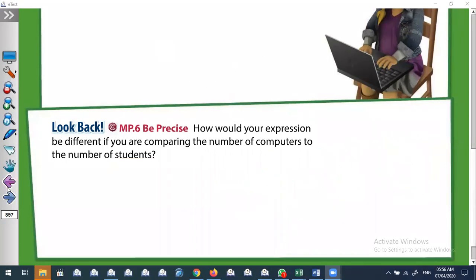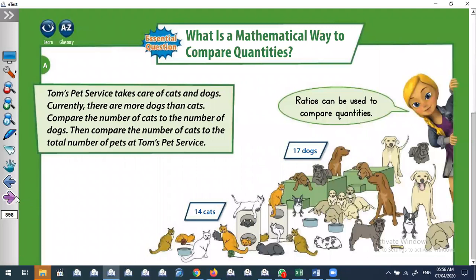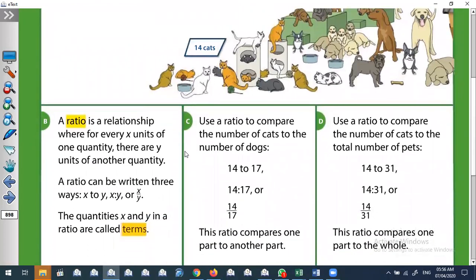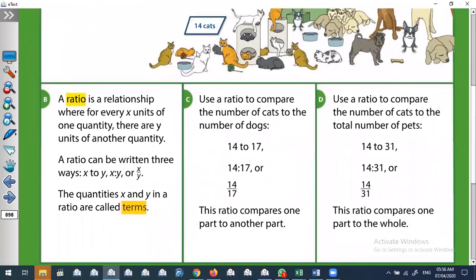Let's solve more exercises. But before we solve any exercise, we need to know how to write the ratio. We can write the ratio in 3 ways. It can be written as a fraction like that, or we can use the word to. 14 to 17 is the same as 14 over 17.